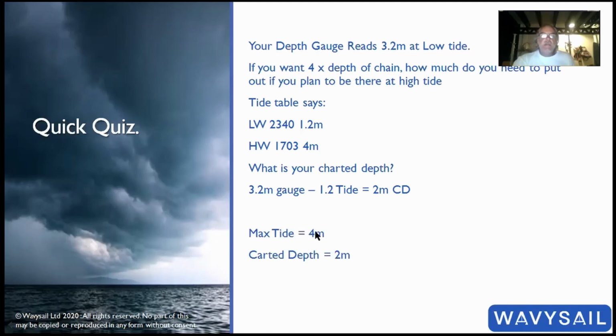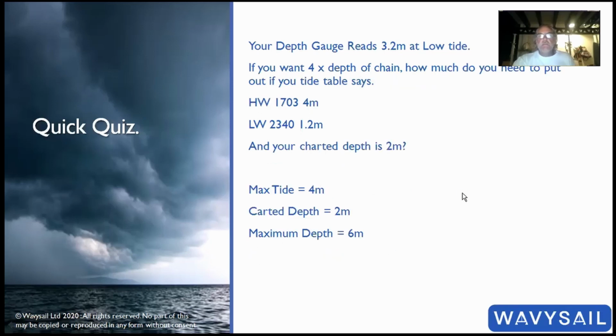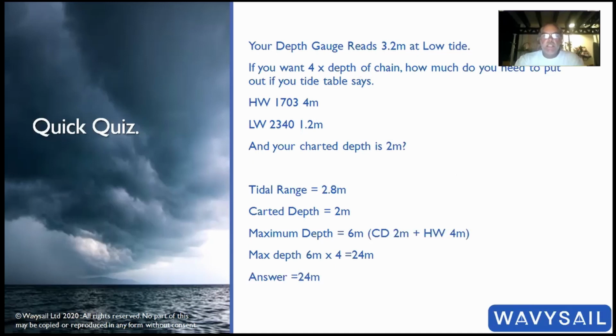Our maximum tide is going to be 4 meters. We know that from the tide table. We add that to our chart datum, we're going to get a maximum depth at high water of 6 meters. So therefore we need 24 meters of chain.